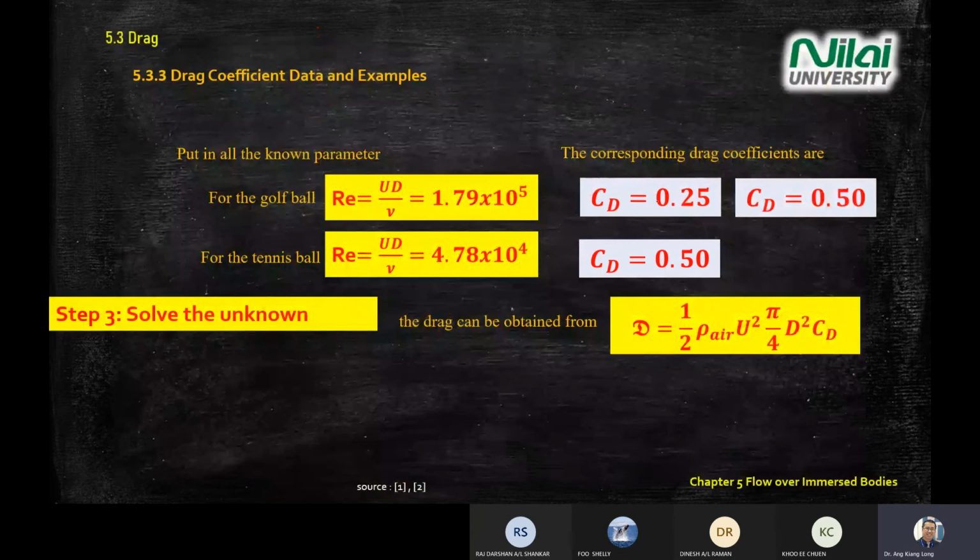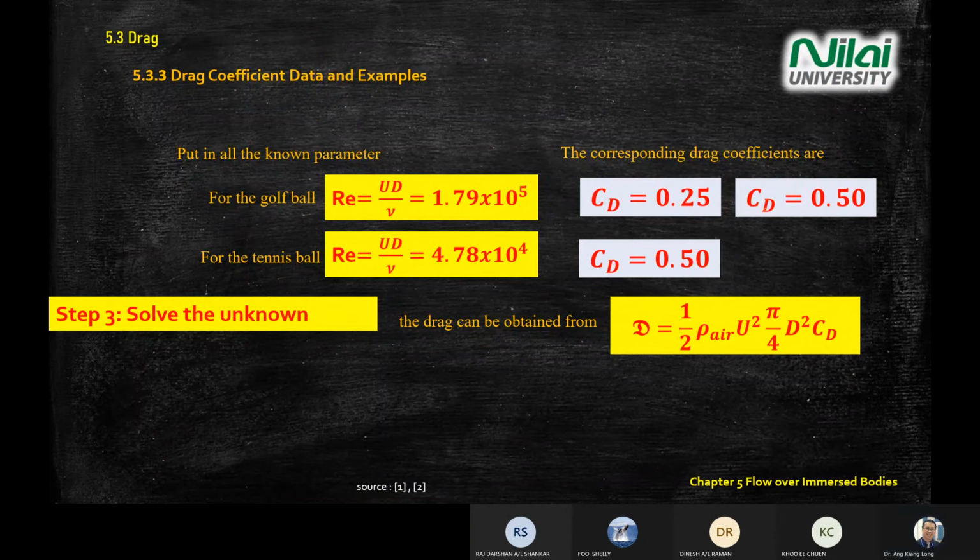So here we will have these 3 CD numbers, and then we solve for the drag depending on the CD number that we get from the graph. Okay. Density given, velocity given, diameter given, CD extracted from the graph already, you're able to find the drag.